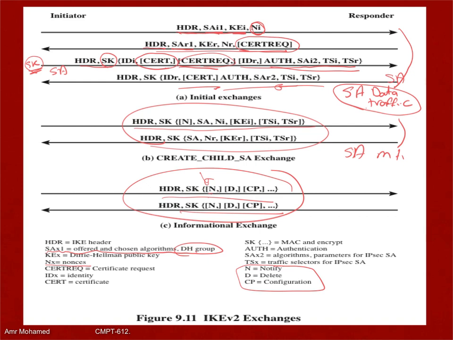But again, there is more details to this which we don't have to get to. So here we have to notify in case, for example, we have some alert that through the window technique we have discovered some suspicious behavior that there might be some replay attack. Okay, so based on that we can send a delete message. So these are control messages that control the data traffic, the data tunnel itself.